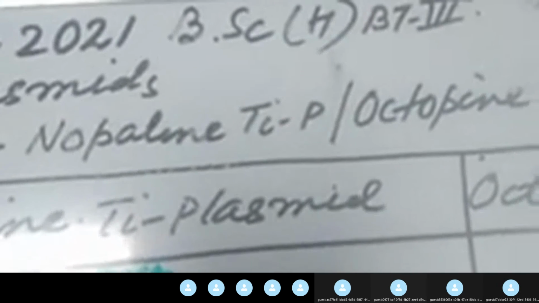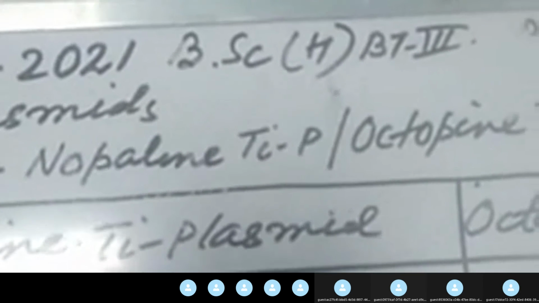There is a single tDNA region in the Nopaline Ti-Plasmid, and the genes for auxin, genes for cytokinin, and nopaline synthesis genes are located on the tDNA region. The right border region and left border region are also present here, as you know.